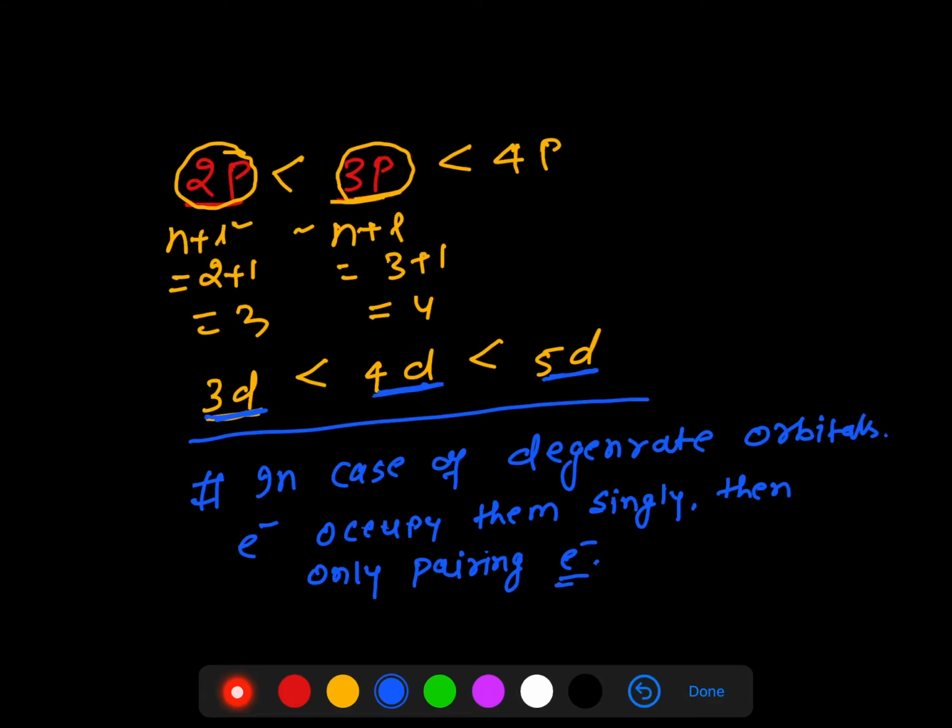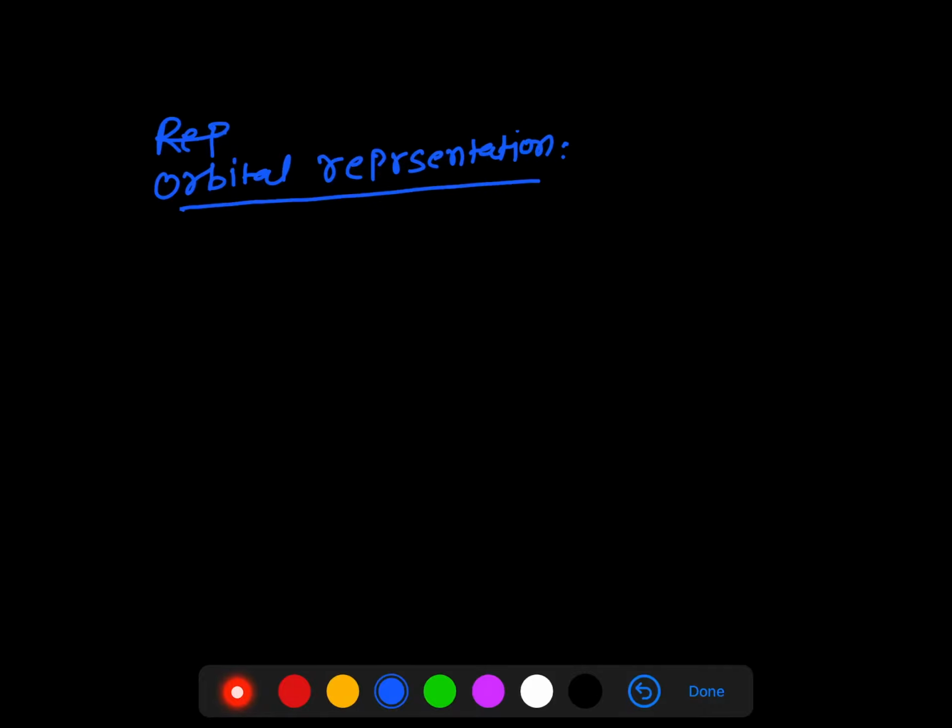Right. Now, we have seen in the previous lecture how we represent orbitals. We use the square diagram to represent the orbitals.